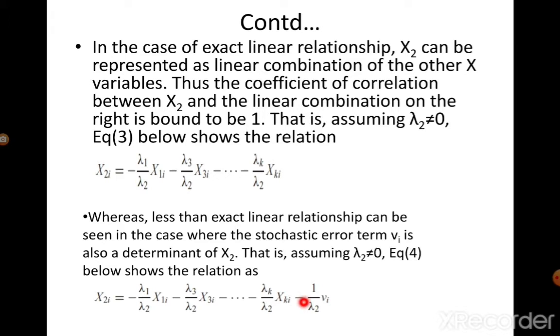So multicollinearity may be perfect or less than perfect. And the fact that there is multicollinearity in a model will have some implications or some effect on the estimators that we are calculating based on the OLS criterion.